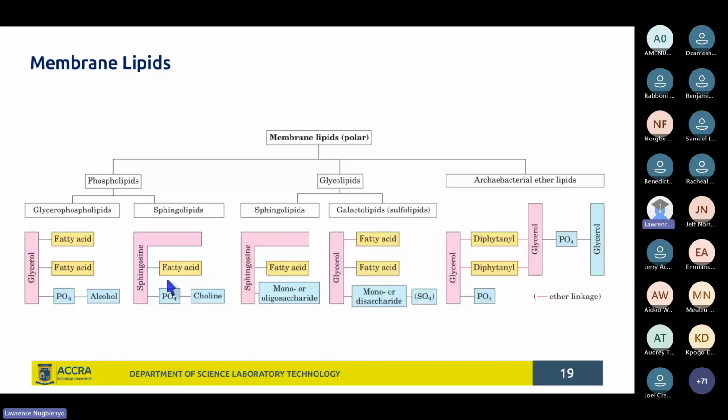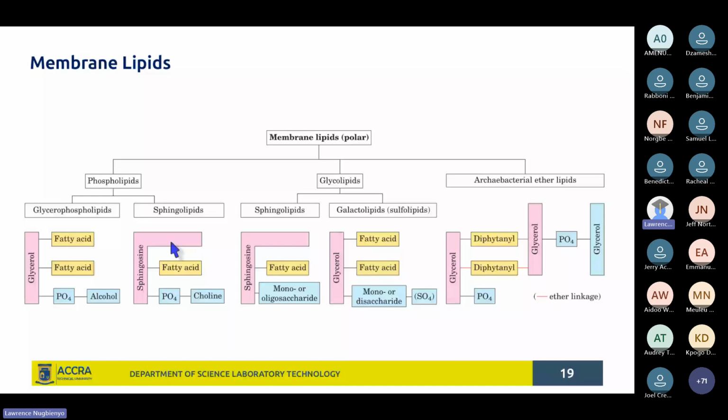Again, you have a phosphate group. So sometimes it is referred to as a sphingophospholipid. Here it's written as sphingolipid, but of course, it is under phospholipids. So even though it says sphingolipids, you can say sphingophospholipid.